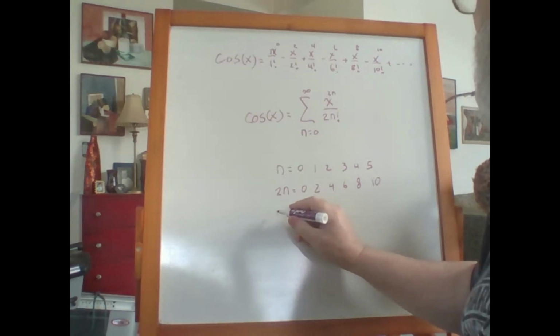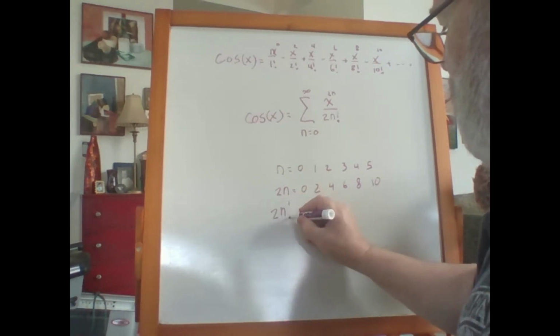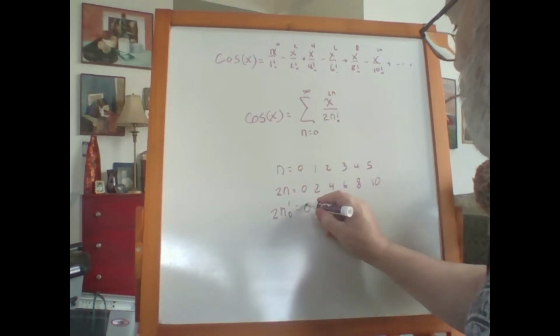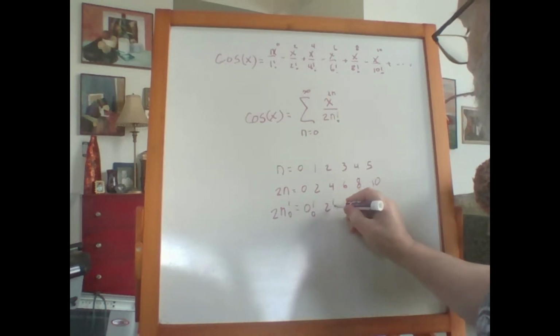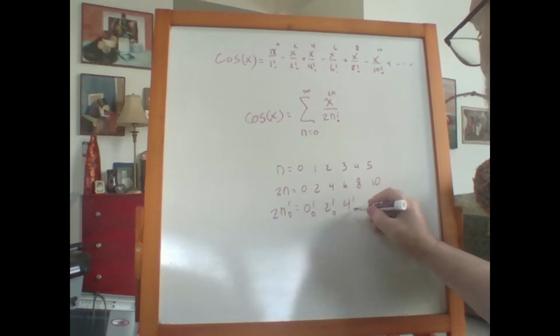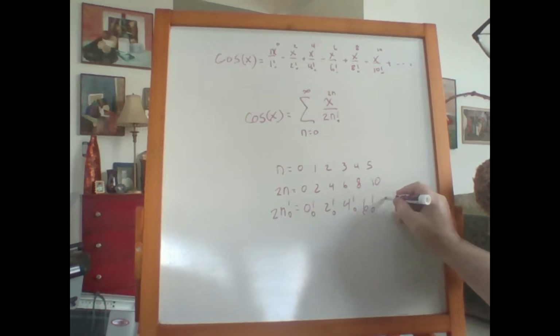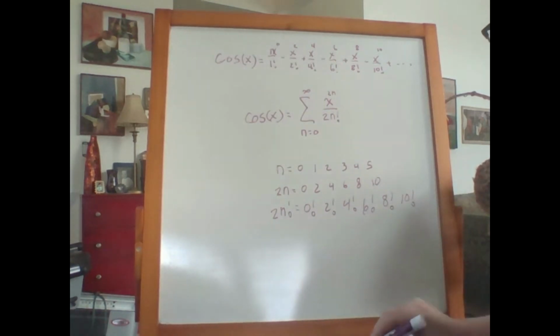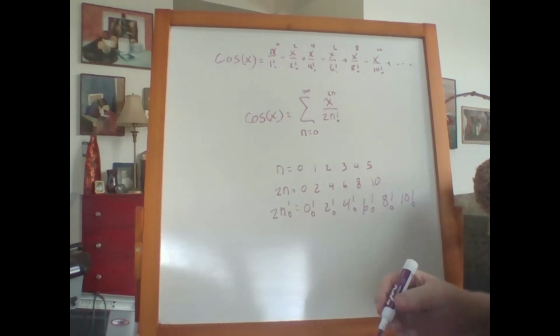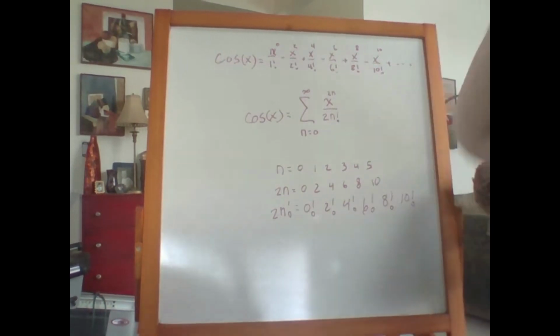And then 2n factorial is equal to 0 factorial, 2 factorial, 4 factorial, 6 factorial, 8 factorial, 10 factorial. Oh, and 10 factorial, that's a big number. That's 10 times 9 times 8 times 7 times 6 times 5 times 4 times 3.